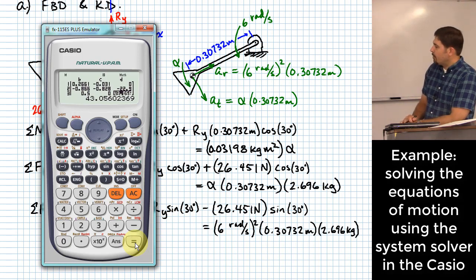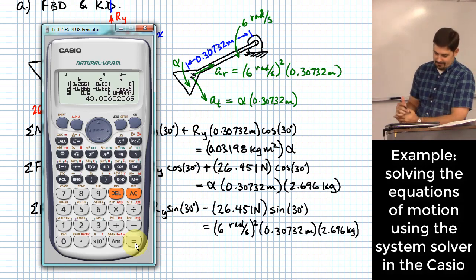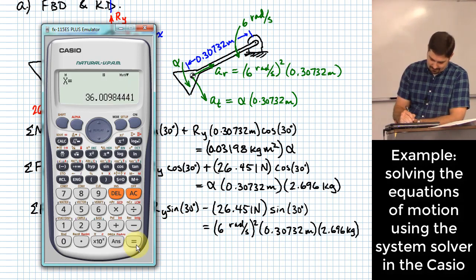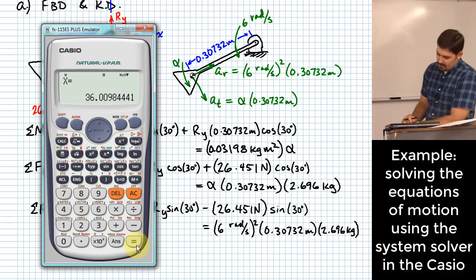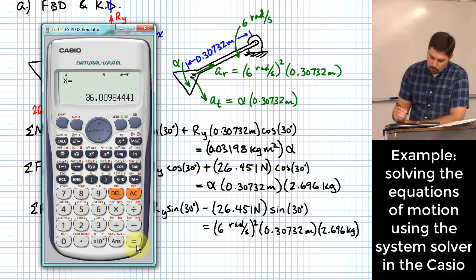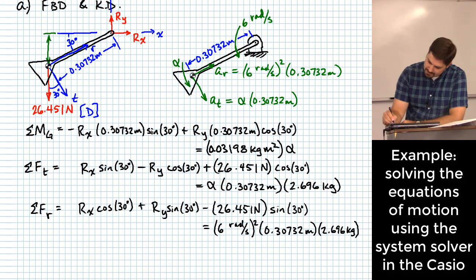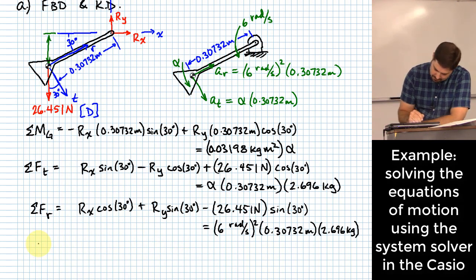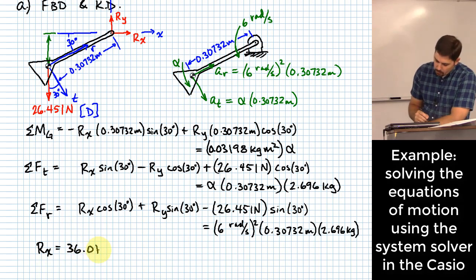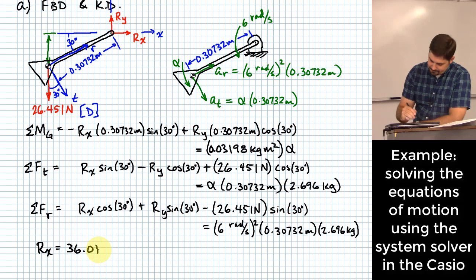Now the moment of truth has come. Are we scared? We'll say 36.01 for x. What is x? X is Rx. 36.01, what are those units? Newtons.